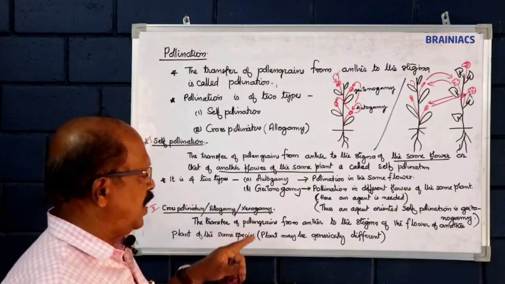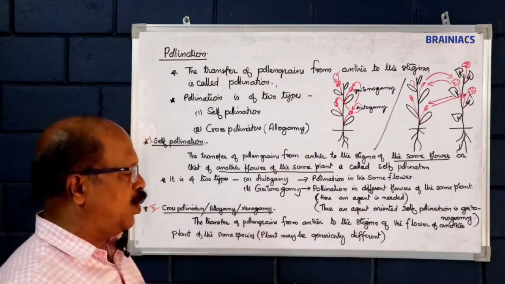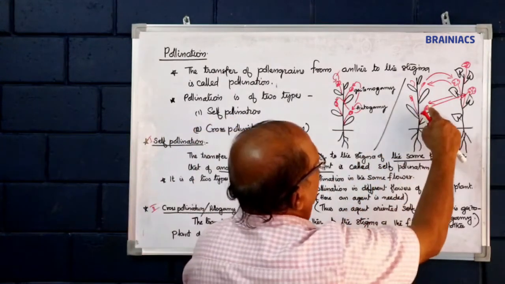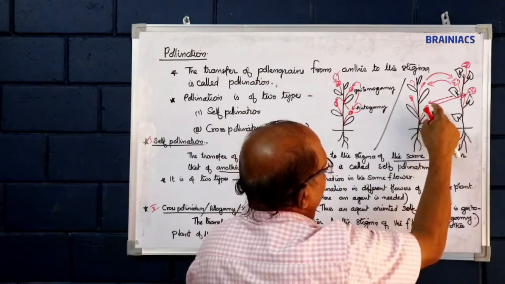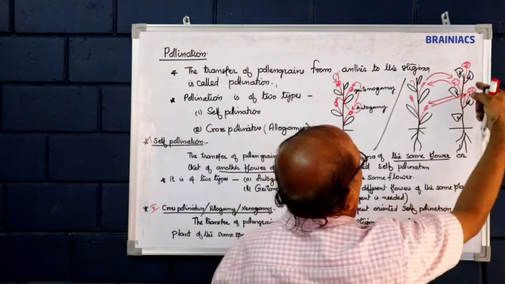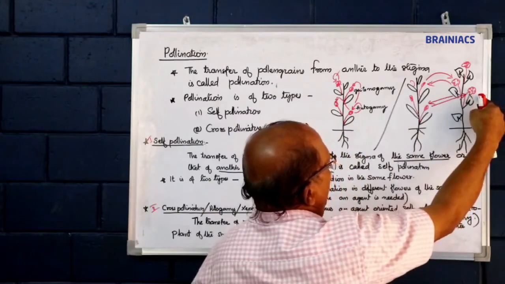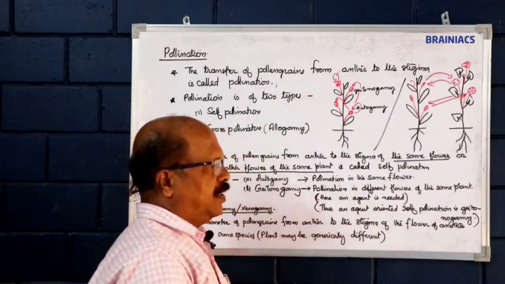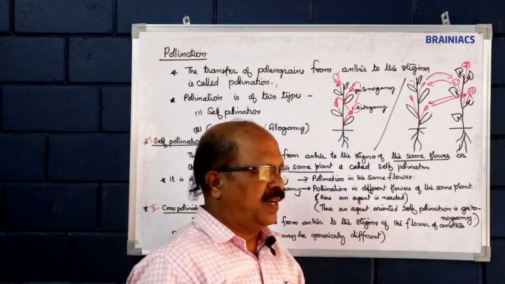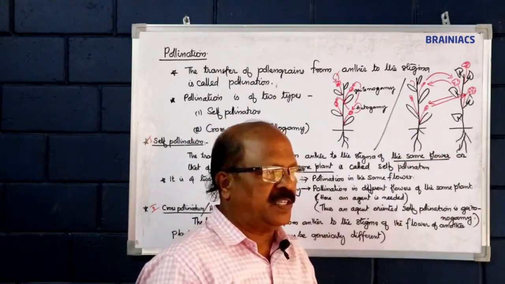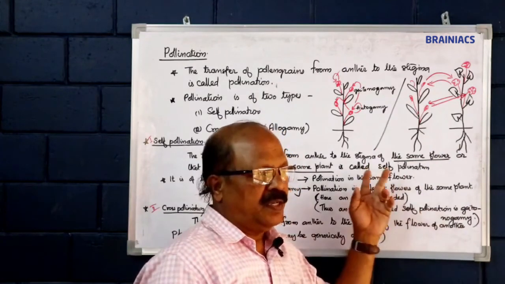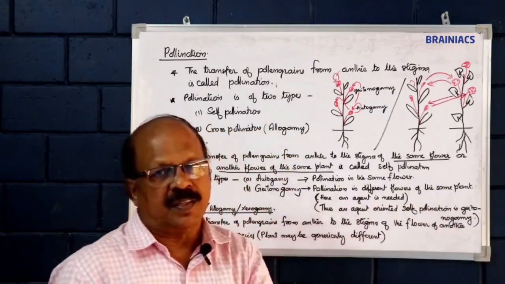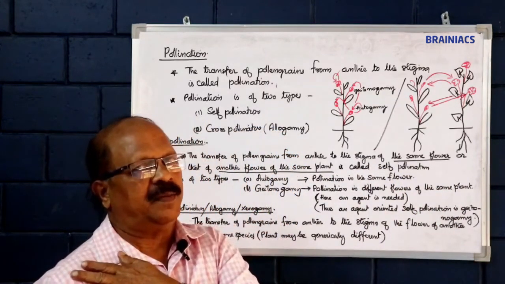What is cross-pollination or allogamy or xenogamy? The transfer of pollen grains from the anther to the stigma of the flower of another plant of the same species. Species same. One is genetically different, but species same. The pollination between two plants of the same species is called allogamy or cross-pollination. See, listen.